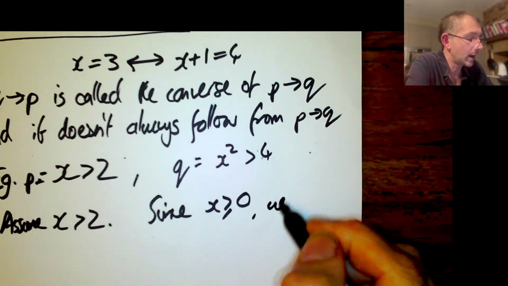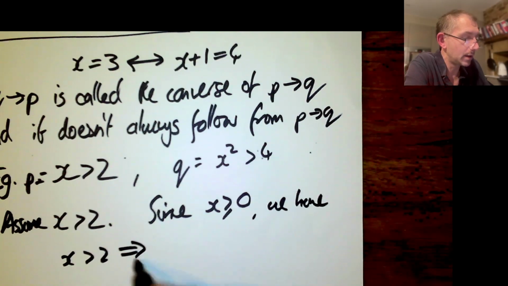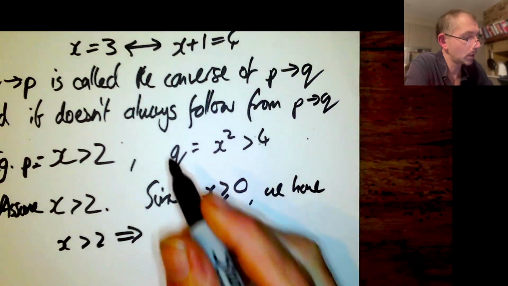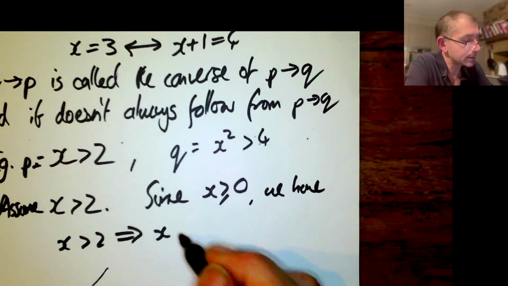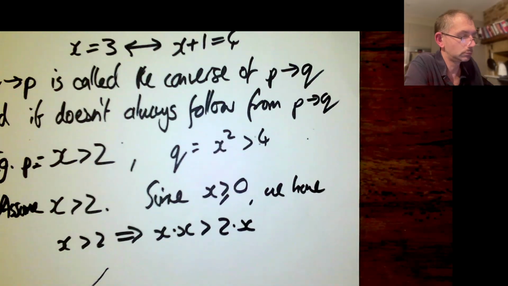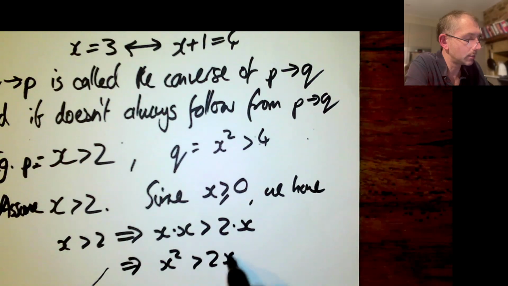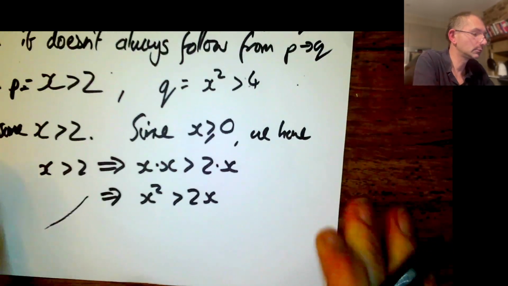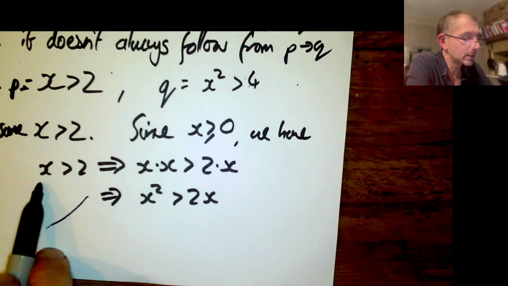So we have x bigger than 2 implies, multiplying both sides by x, we have that, and another way to write that is x squared is bigger than 2x, but also x is bigger than 2.